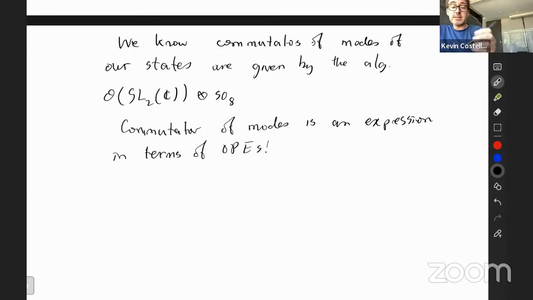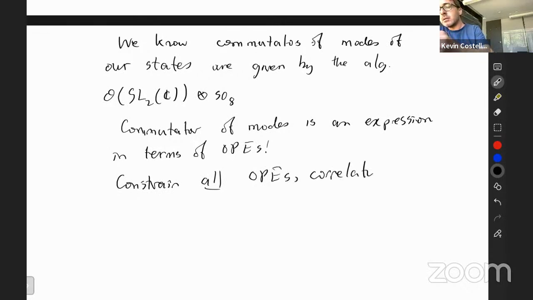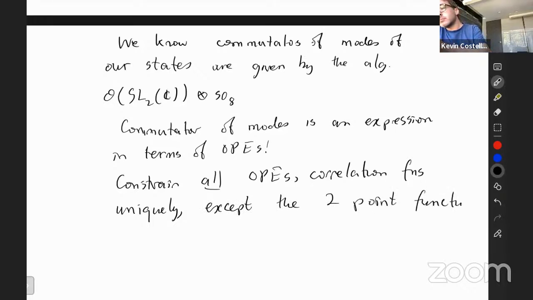So this relationship, it turns out to constrain all OPEs, and so correlation functions, uniquely, except the 2-point function of the stress energy tensor, which goes like n squared.